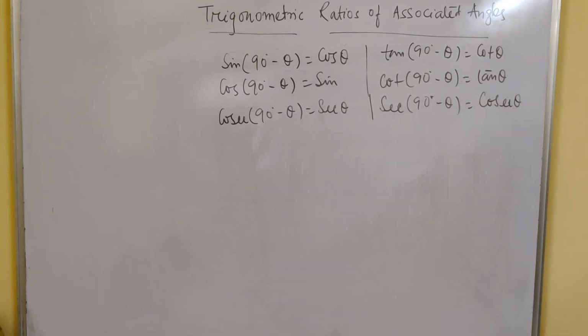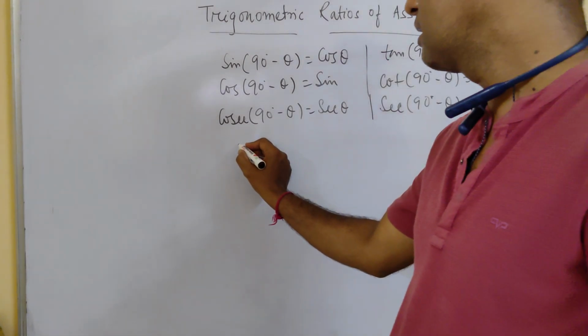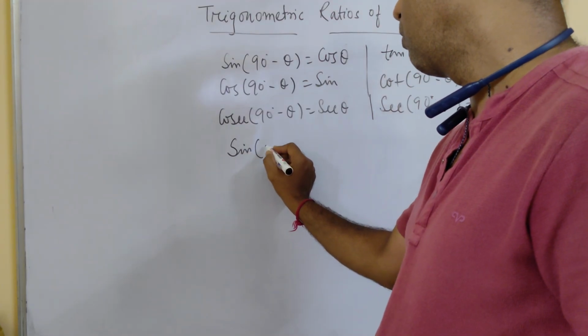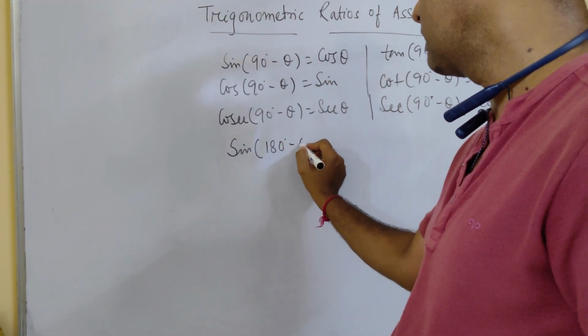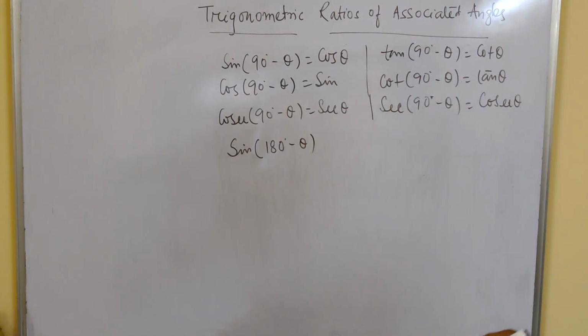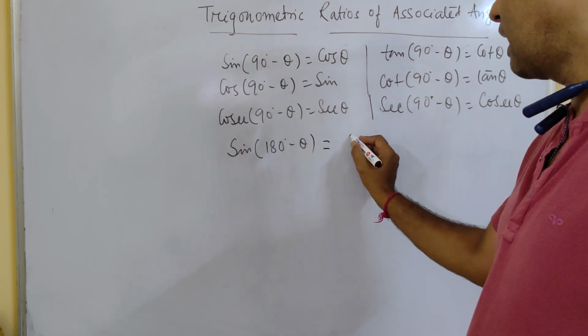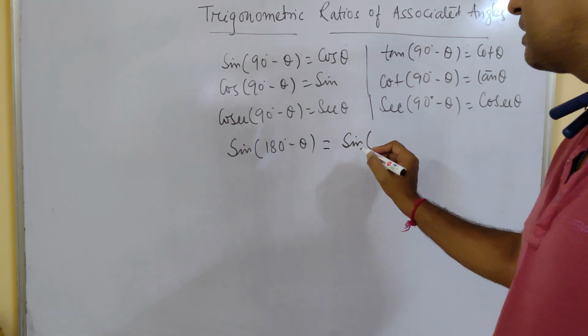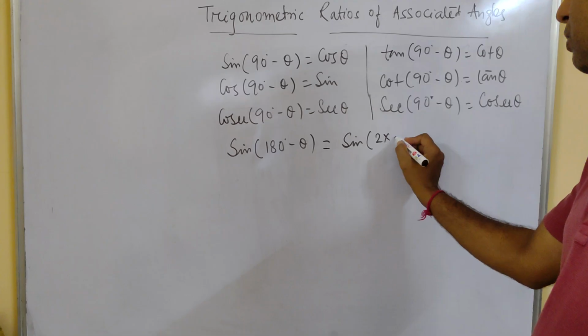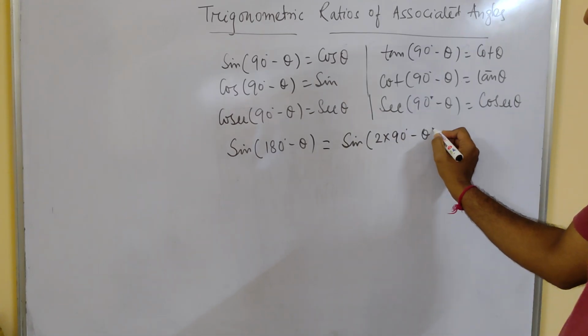But the other trigonometric ratios of associated angles, like sine 180 degree minus theta or sine 180 degree plus theta, how can we evaluate them? In this case, 180 degree is written as 2 into 90 degree minus theta.